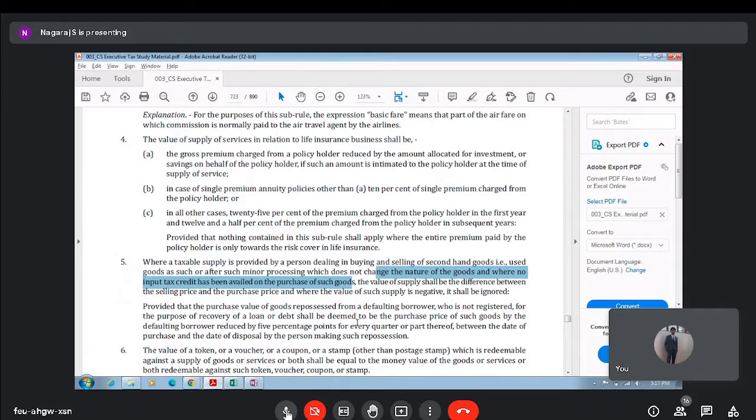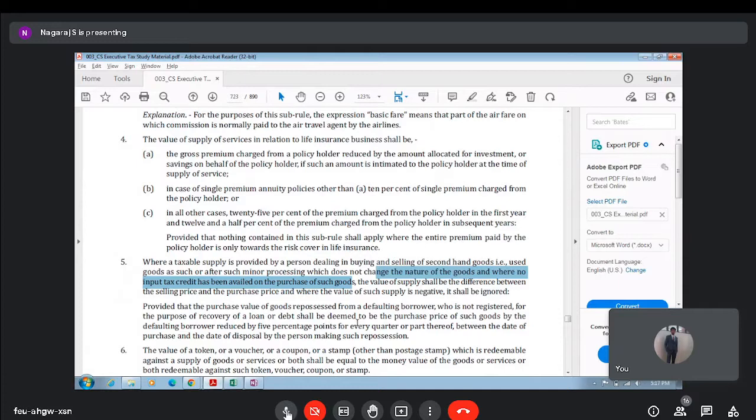In GST, the quarter is defined. January, February, March is one quarter. April, May, June is another quarter. July, August, September is another. October, November, December is another. Even if you use one day in that quarter, you have to reduce 5%.